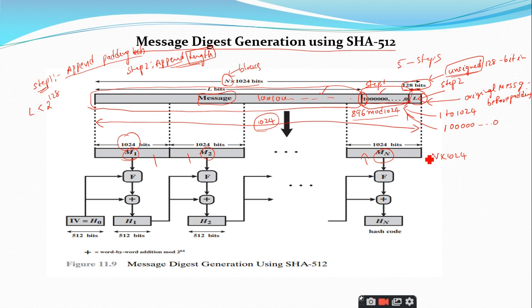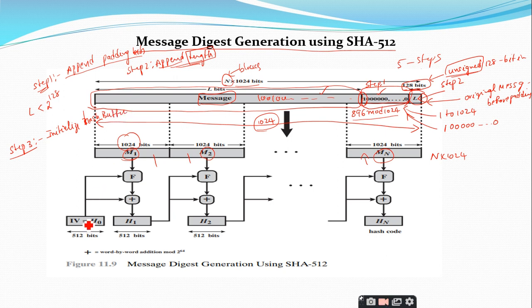And the third step, very, very important, and this is the heart of the entire SHA algorithm. Sorry, the third step is not the heart, it is just initializing the hash buffer.